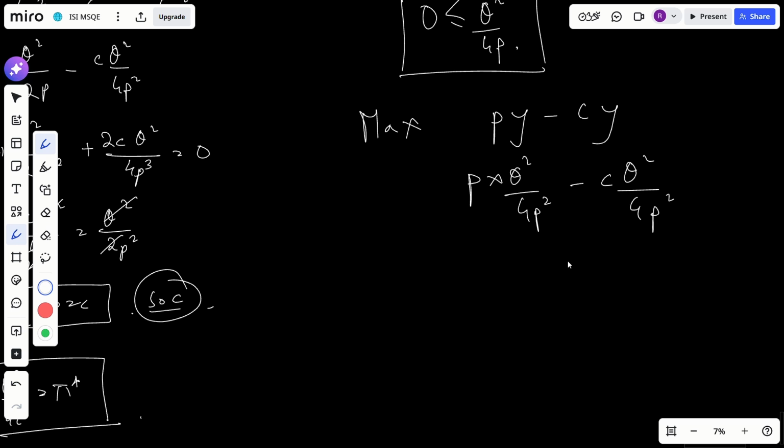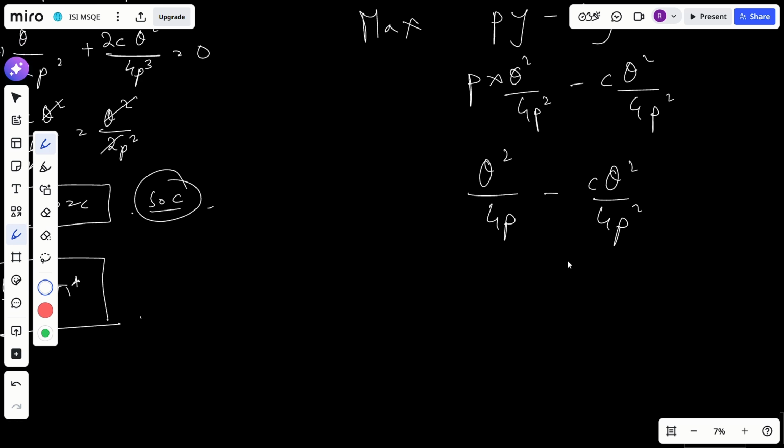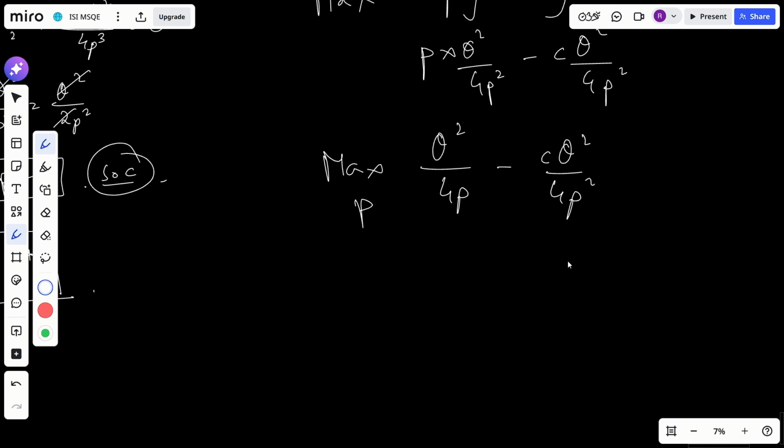So we have theta square by 4p minus c theta square by 4p square. We are maximizing this with respect to p. So we will have theta square by 4, negative sign here, p square minus c theta square by 4, so there is p cube plus 2c equals 0.